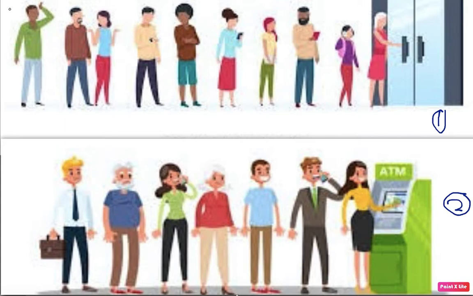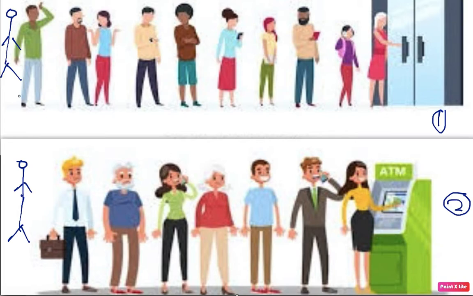If a new person wants to come and get into the lift, that person has to come and stand behind the last person in the line. Similarly, if a person wants to come and withdraw cash, he has to come and stand at the last. That means he will be the last person in the line.